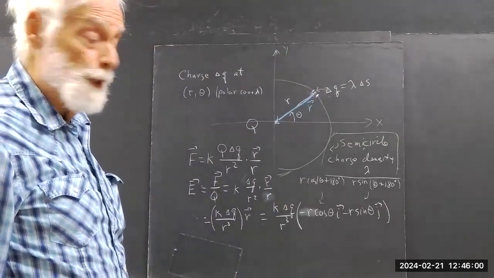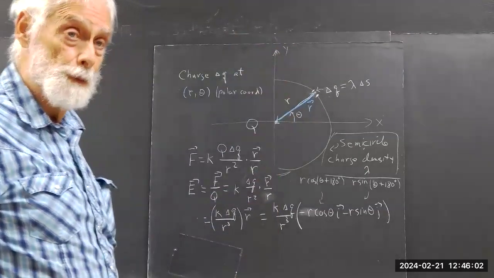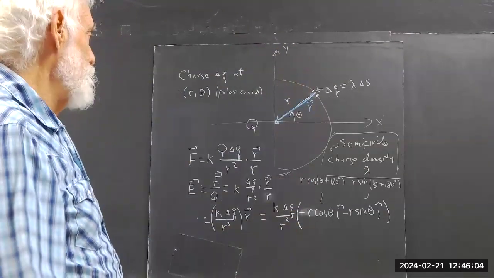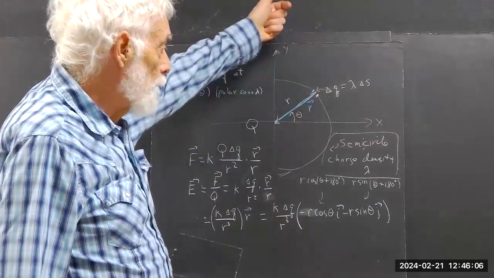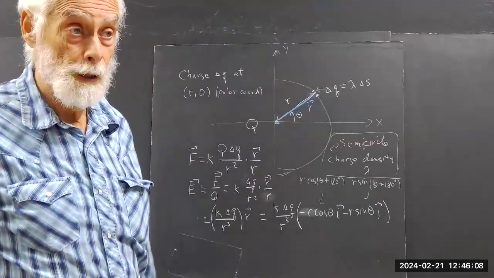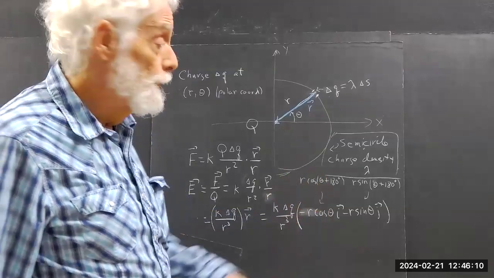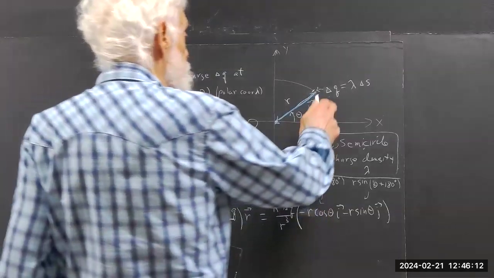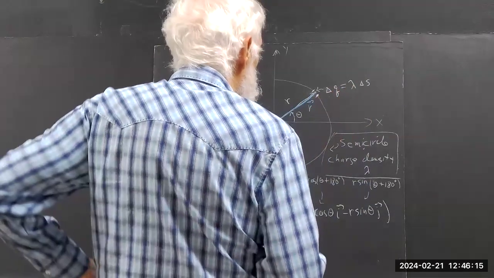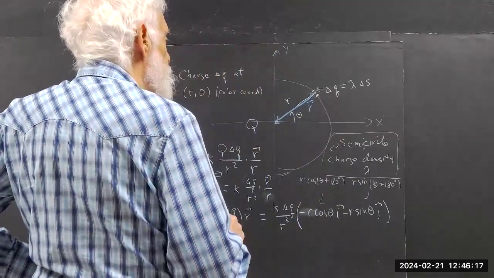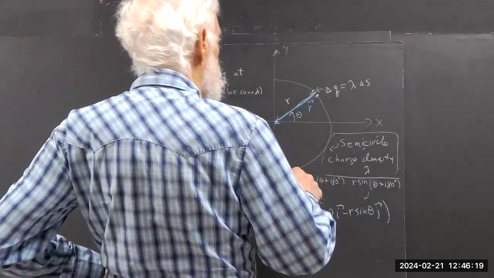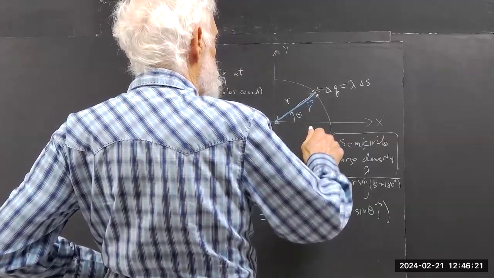Now that could be a delta theta interval, and we could then see that the length of the intervals are delta theta, and we could do it that way. Plenty of ways to do this. So I'm just going to say delta Q equals lambda delta S. For delta S, I don't have a good place to label it.